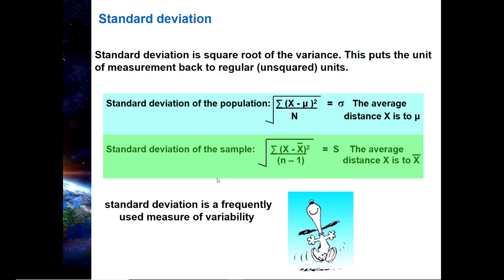So you need to know these 4 symbols and what they mean inside and out: sigma squared, sigma, S squared, and S. Very, very important. Same thing, mu versus x bar. You have to know those on sight really well. And what is the alternative symbol for x bar? It's the capital italicized M.